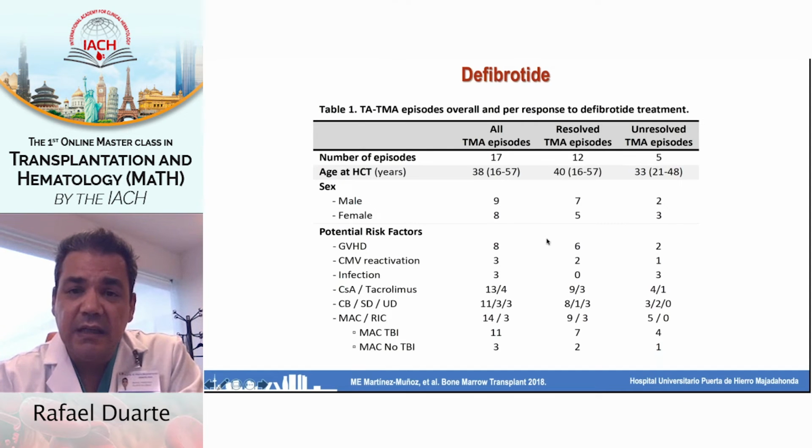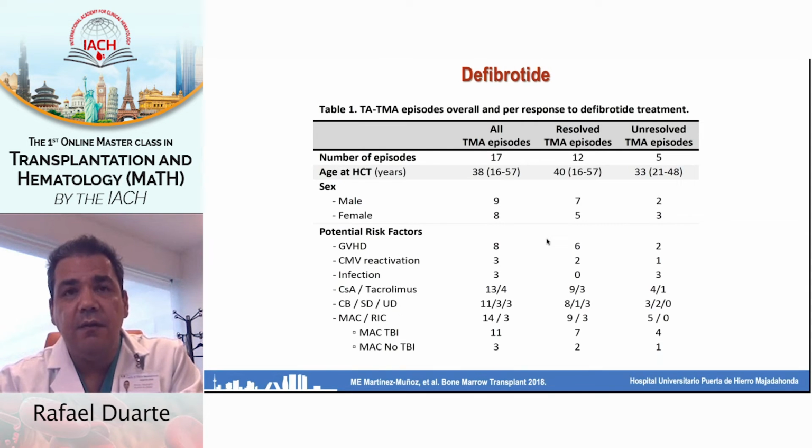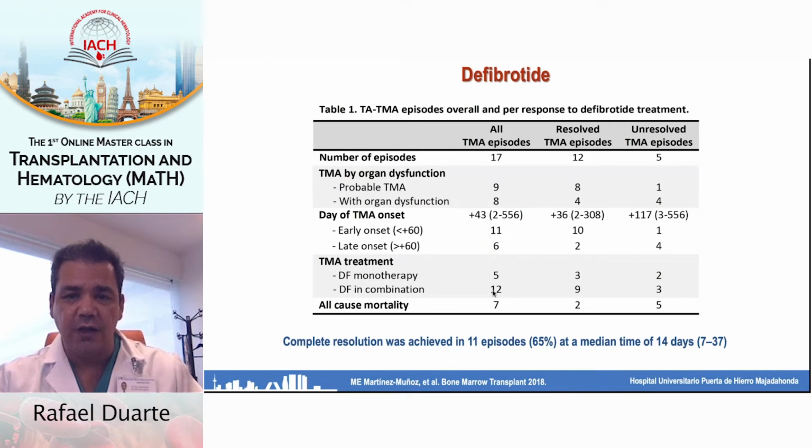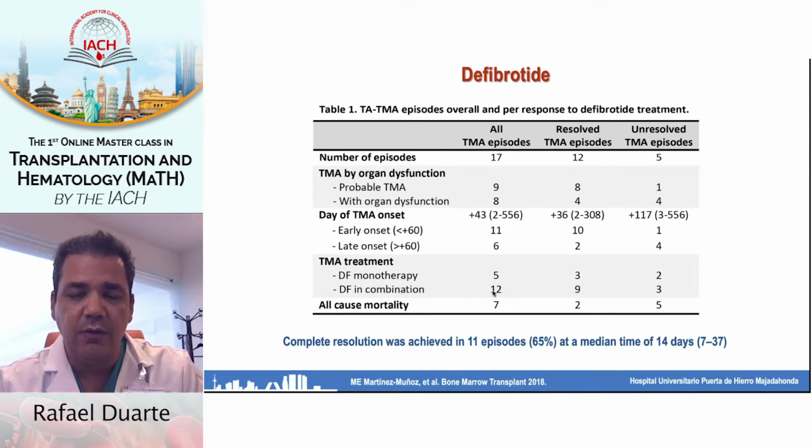Perhaps the most relevant finding is that two thirds of these patients, 12 out of 17, responded to defibrotide, and the response is overall in monotherapy for a group of patients, but it's also true that in some of these patients there were other treatments. Some of the patients also had TPE as part of the treatment, because it's such an acute situation. So these patients had other treatments as well.